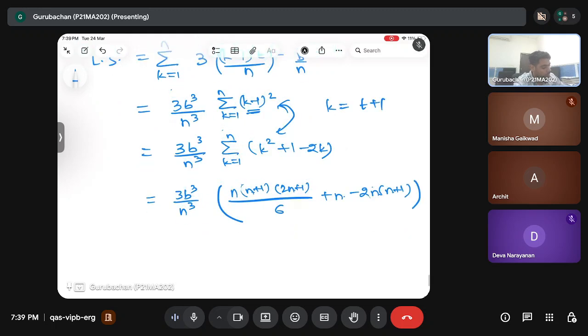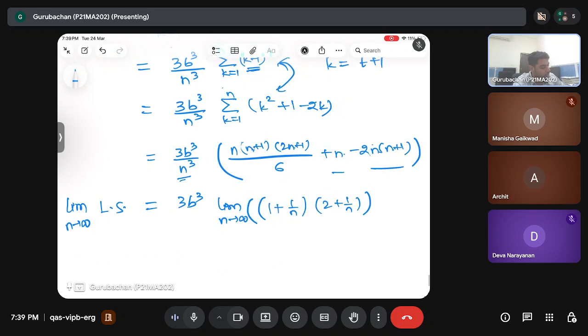So when you solve this, these two factors are linear or quadratic and divided by n cube, so obviously this will not contribute. The contribution will be given by only the first term. So the lower sum will be 3b cube, limit n tends to infinity. You are left with only the term 1 plus 1 by n into 2 plus 1 by n.